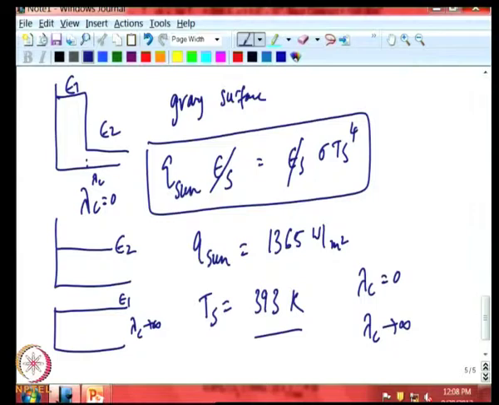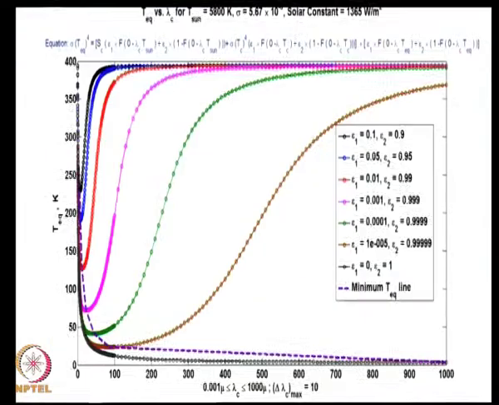Now, let us go back to the result we saw here. So, in both these limits, very low lambda c and high lambda c, the temperature approaches that 393 value. In between, it reaches a minima, and for this particular case, for example, it reaches at about 100 micron.